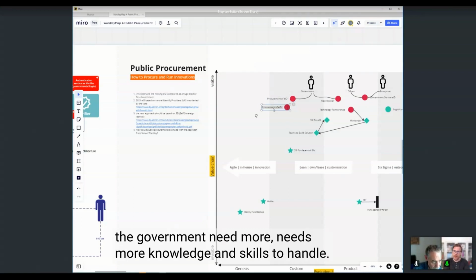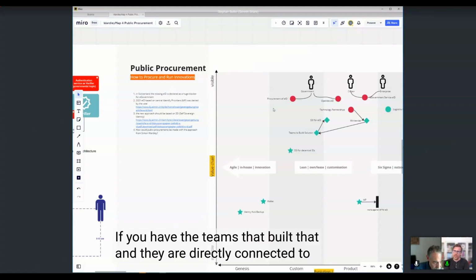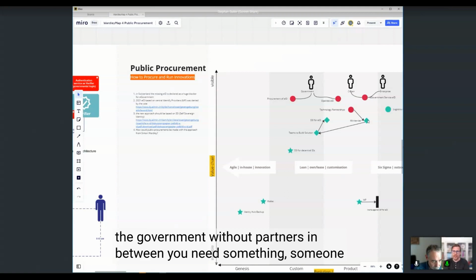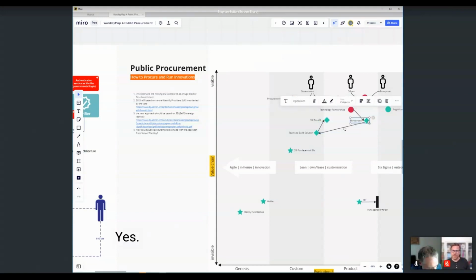Then the government needs more knowledge and skills to handle projects like that. If you have the team that built it directly connected to the government without partners in between, you need someone to control or to lead this endeavor. Yes, I think this is the main point.